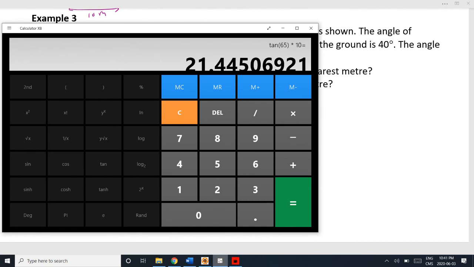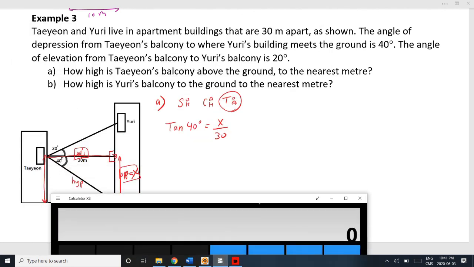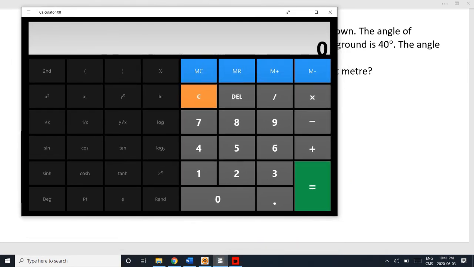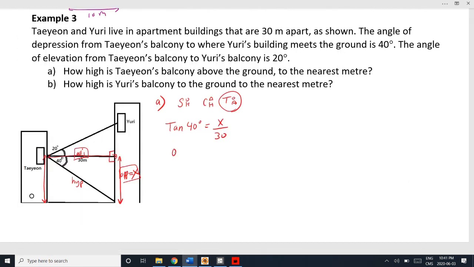We're going to pull up our calculator here, and we're looking for tan 40 degrees. So tan 40 degrees is equal to 0.839. So 0.839 is equal to x over 30. To solve for x, we're just going to multiply 30 on each side.